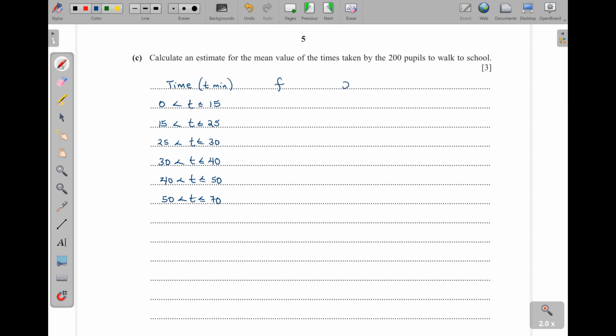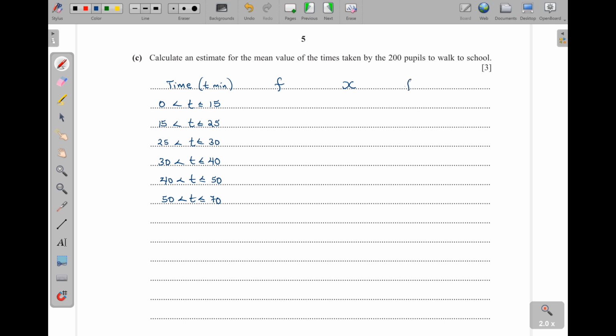Then I need to find the frequencies. After that, the mid values, because this is grouped data, and for grouped data we don't know the individual data points. So in the estimation, we get the average: the upper limit plus the lower limit, then divide by 2.